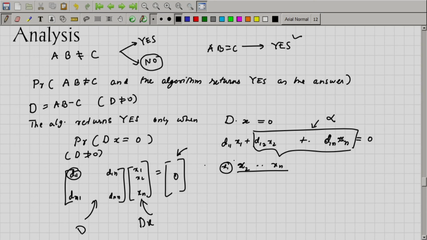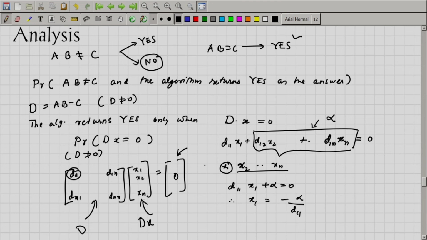Now, we can look at this as a linear equation: D11 times x1 plus alpha equals 0. Therefore, x1 is equal to minus alpha divided by D11. In other words, there is precisely one value of x1 that you can choose which will result in Dx being 0.